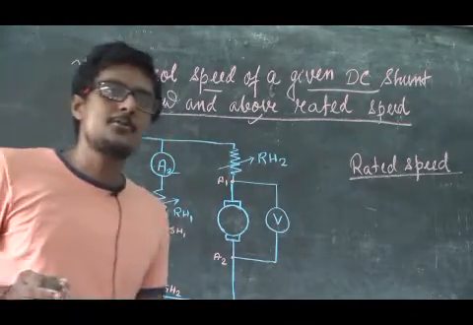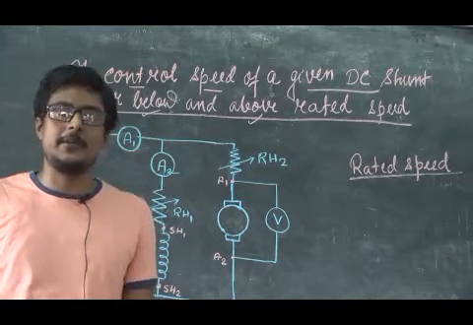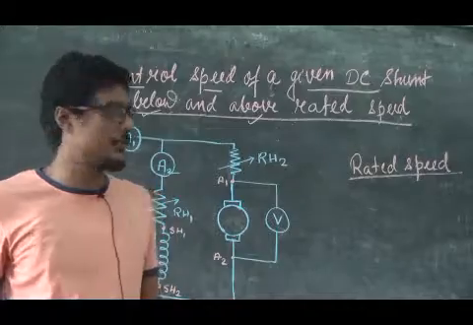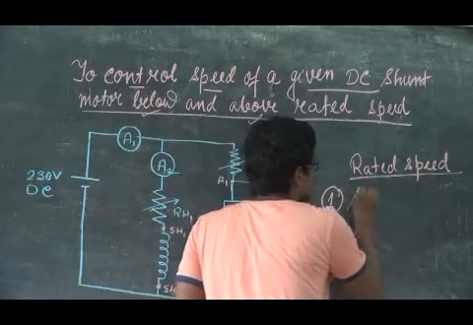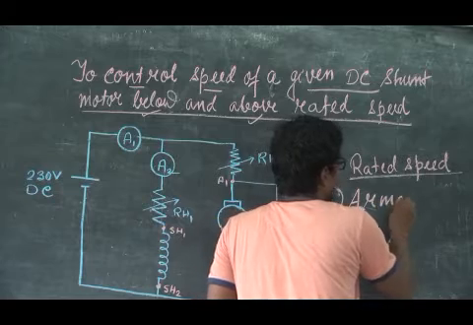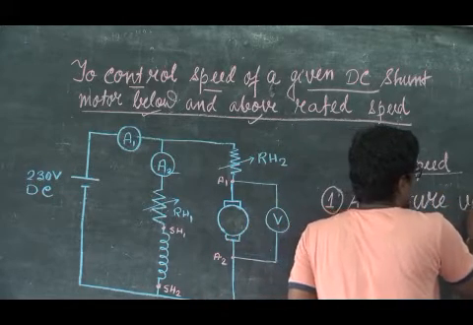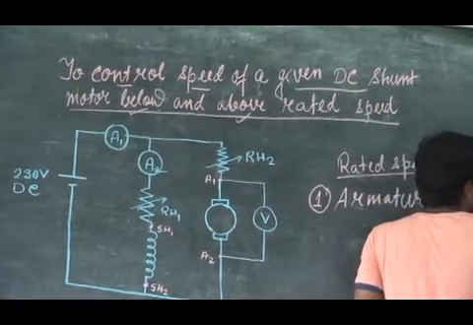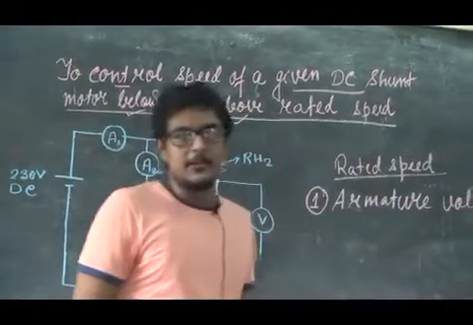Our aim is to go beyond that rated speed and also to go below the rated speed. For this purpose, we have two methods. First is armature voltage control.